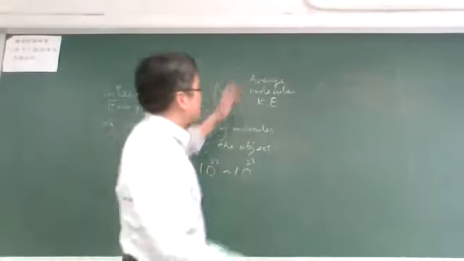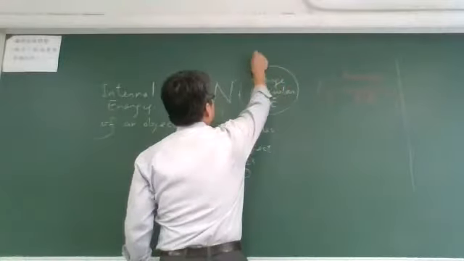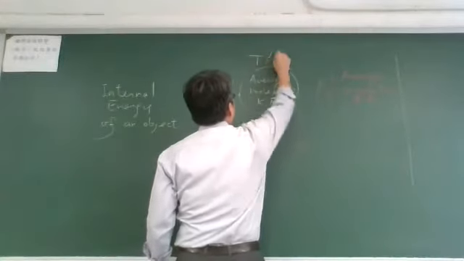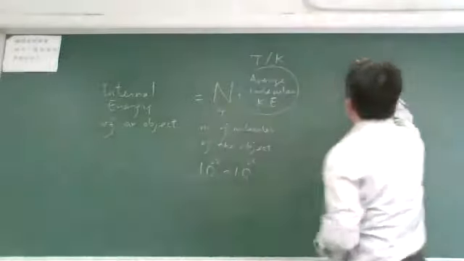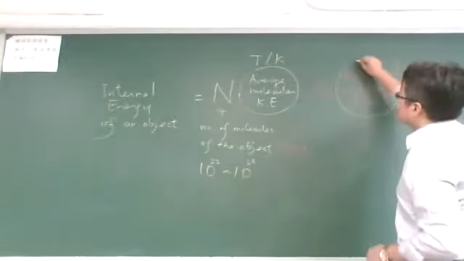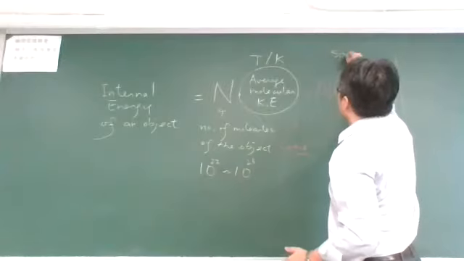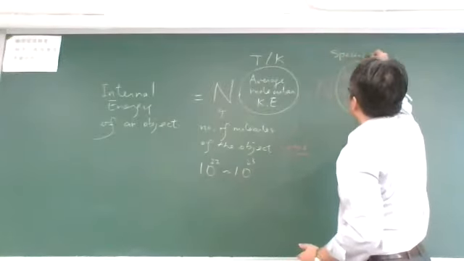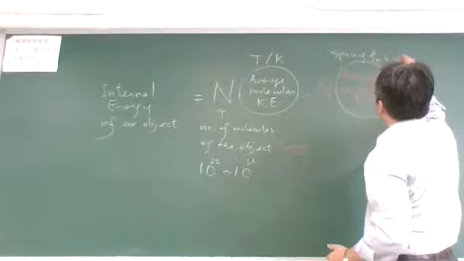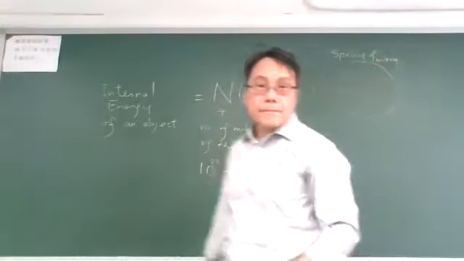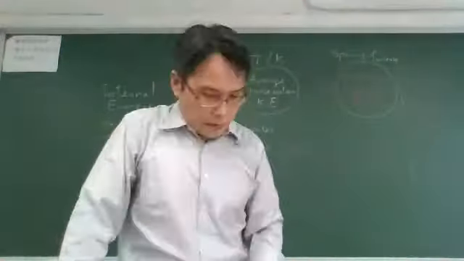The average molecular KE depends on temperature in the Kelvin scale. The average molecular PE, simply speaking, depends on the spacing of molecules, the spacing between the molecules.